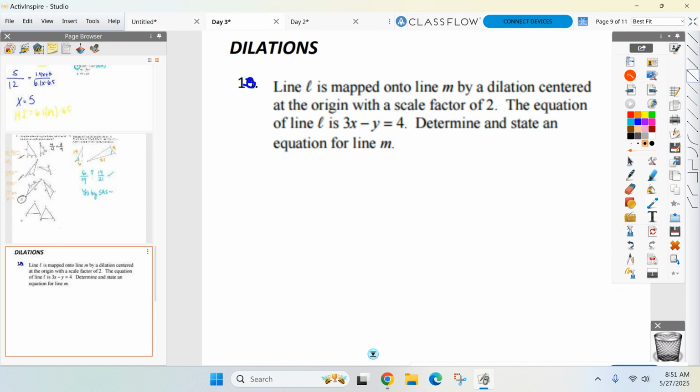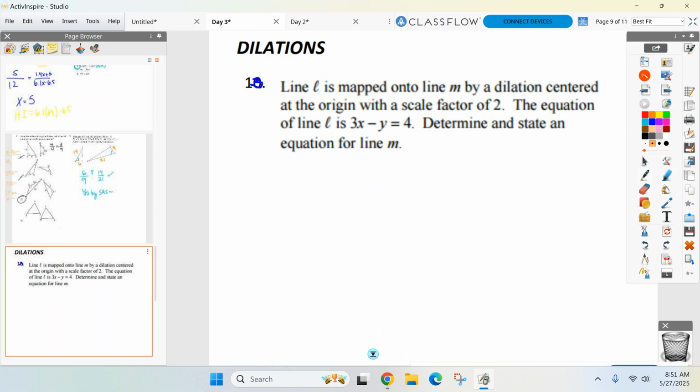So a couple notes I need you to have down here when lines are dilated. All right, note number one, dilated lines remain parallel.